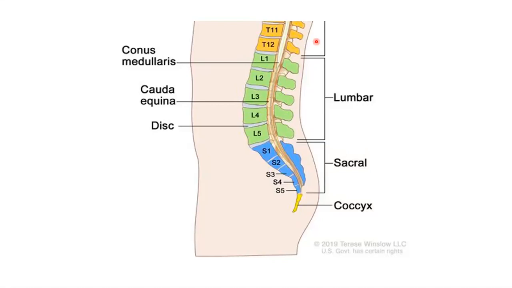From this emanates the cauda equina, which is so named because it resembles a horse's tail and is the collection of nerve fibers that come off the conus medullaris. I'd also like to bring your attention to the fact that there are 5 lumbar vertebrae, as well as the curvature, which is known as the lumbar lordosis.